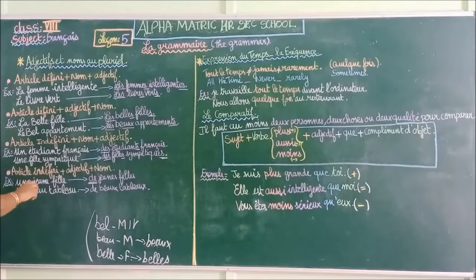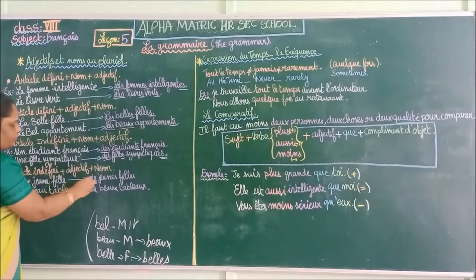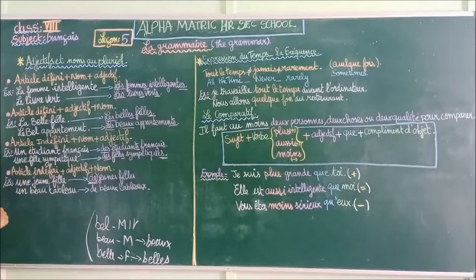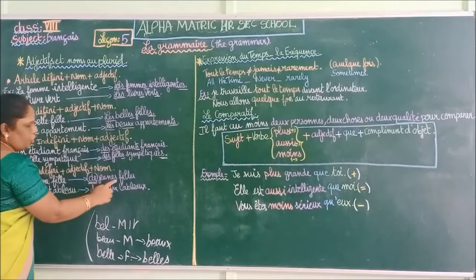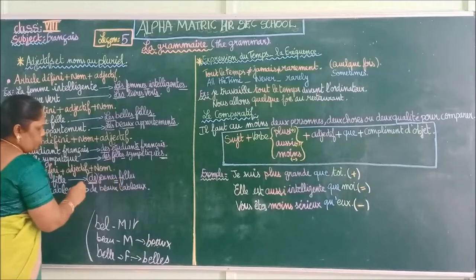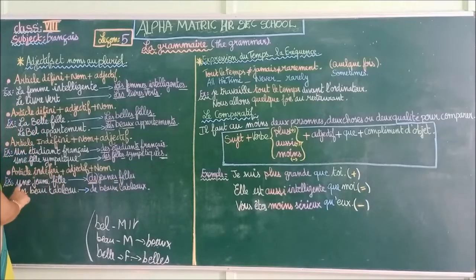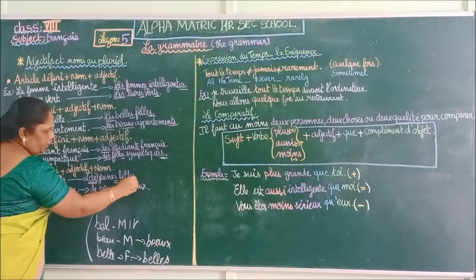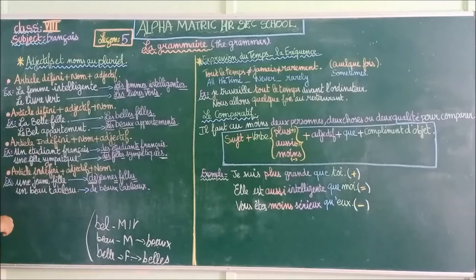So when the adjective is placed between the article and the noun, be careful, the article will change into DE. Okay, une jeune fille. So we are going to change the article first, une to DE, and we are going to add an S to the adjective and an S to the noun.